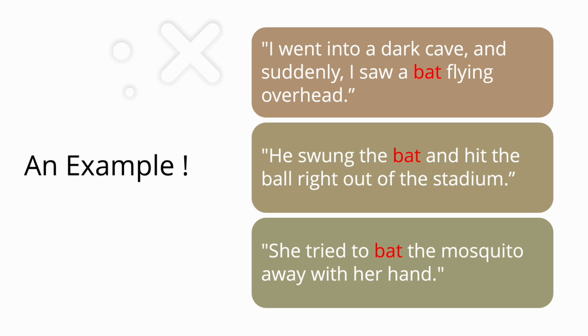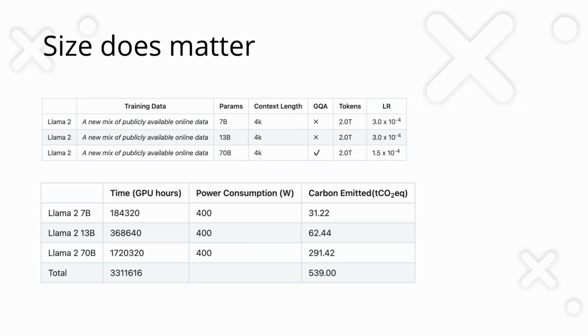It will not know whether we are talking about a cricket bat or an animal. But when we see, I went into a dark cave, and suddenly I saw, with all that context of previous tokens, the large language model has the ability to make sense out of it, right? And that's why context length is important. Okay. So here are a few of the things, like, what is the context length? We are talking about context length. It's roughly 4,000 tokens, right?